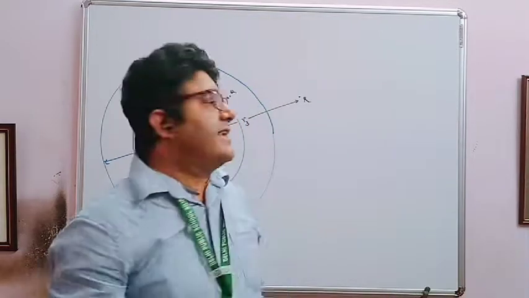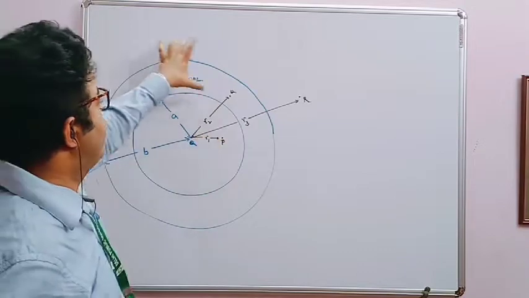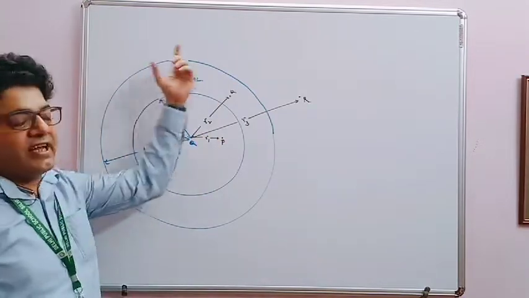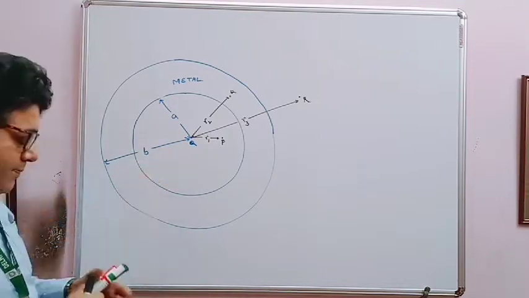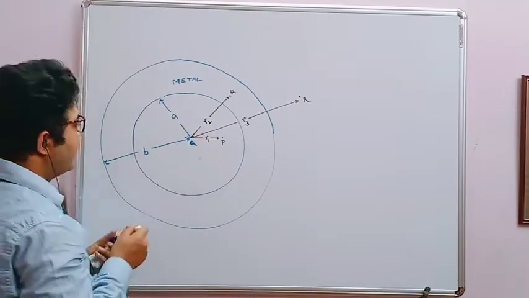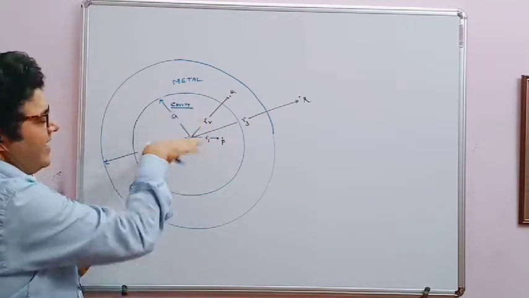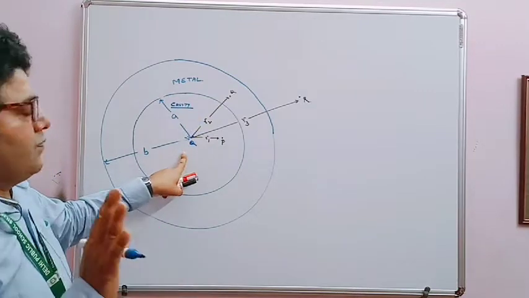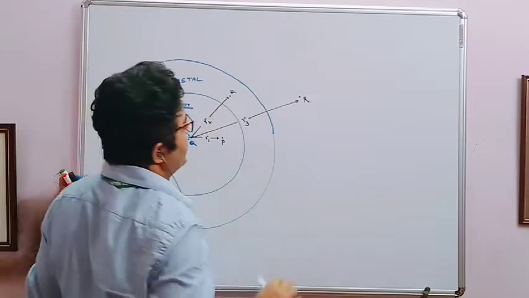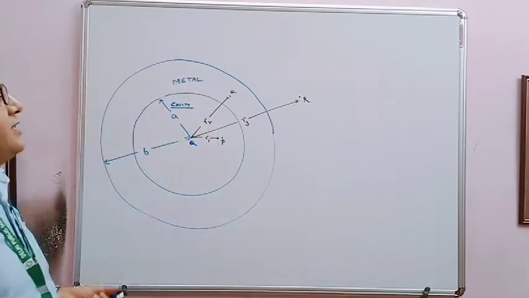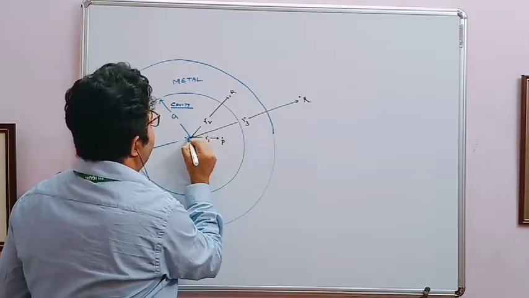My next question is, Q charge is placed at the center of a metallic sphere whose inner radius is A and outer radius is B. Within that portion is a cavity, or you can say air. Find the electric field at point P, at point Q, and at point R, which are at distances R1, R2 and R3 from the center.